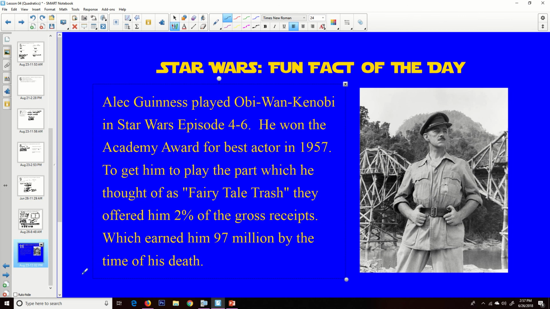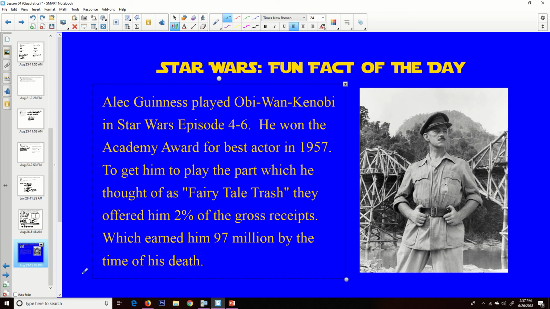So the Star Wars fun fact of the day: Alec Guinness played Obi-Wan Kenobi in Star Wars episodes 4, 5, and 6. He had won the Academy Award for Best Actor in 1957 for a part that is shown here in the picture, Bridge Over the River Kwai. George Lucas tried to get him because he was trying to add some depth and quality to his picture.